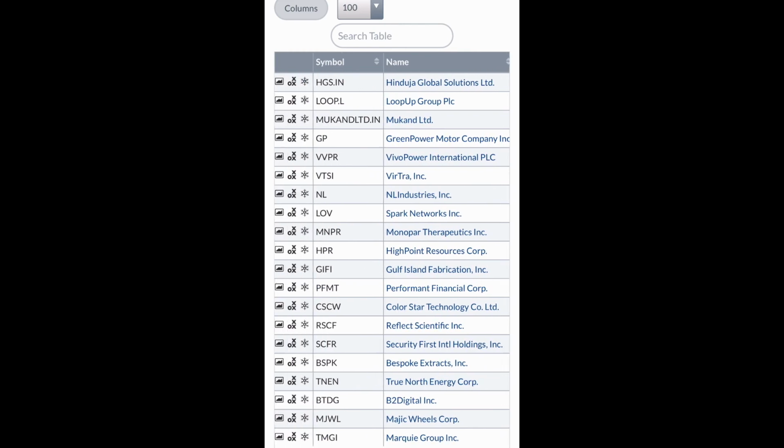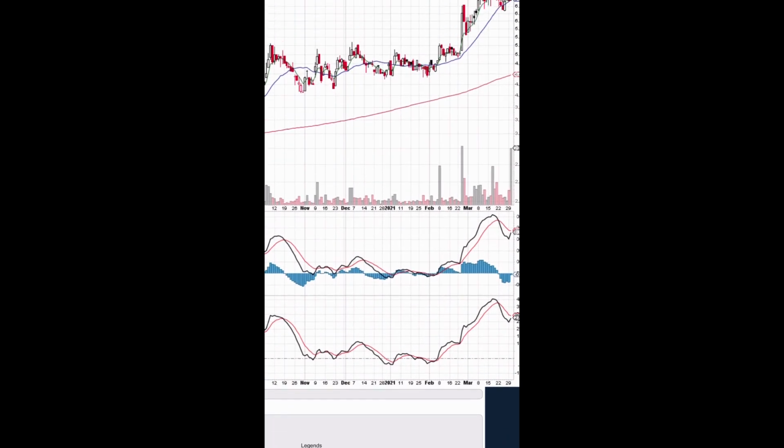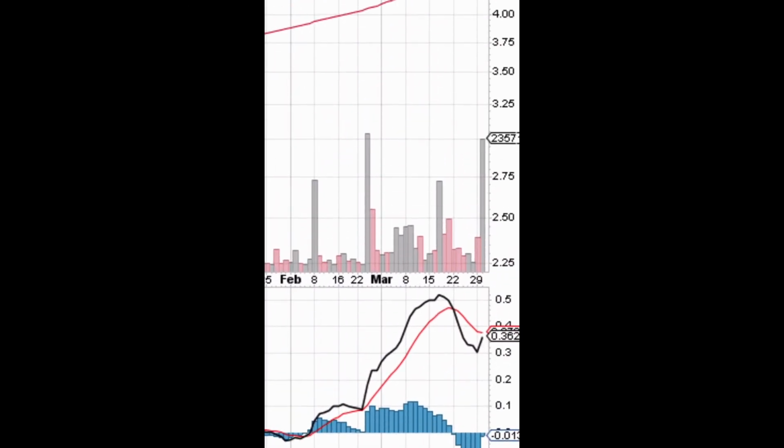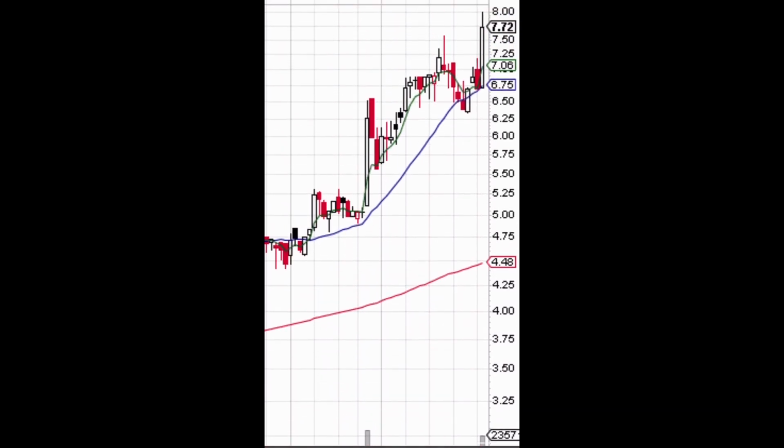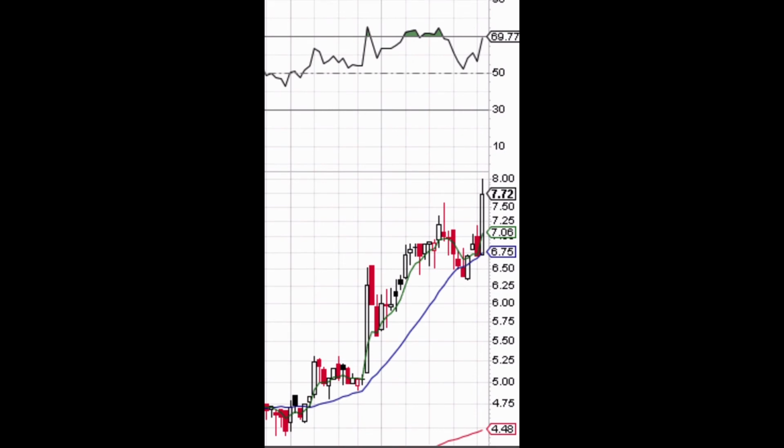That one is NL. And if we look at it, we'll see that right here in this gray area, this is the volume. And relative to just the start of March, with the exception of about mid-March, you can see that this is actually a large volume increase. But what we really want to see here is this sharp increase in the trading price.